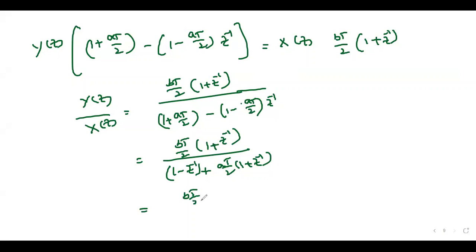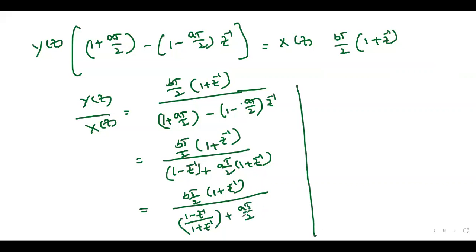Therefore, it can be written as bT by 2 into 1 plus z inverse divided by, here I will take 1 minus z inverse by 1 plus z inverse plus aT by 2. Therefore, aT by 2, yes. That whole into 1 plus z inverse. Then this and this is cancelled. Therefore, H of z.